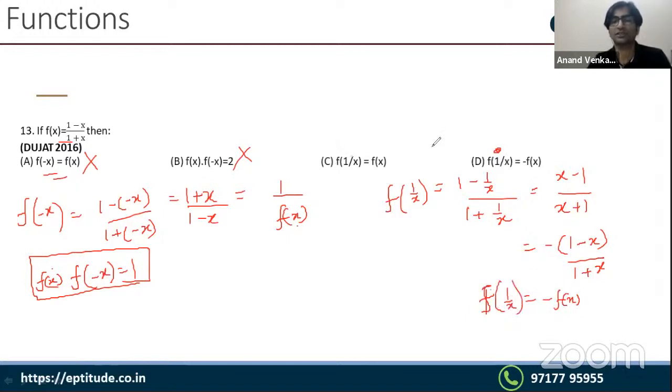Is that there in the option choices? Yes, that's option D. So f of 1 by x is equal to negative of fx.